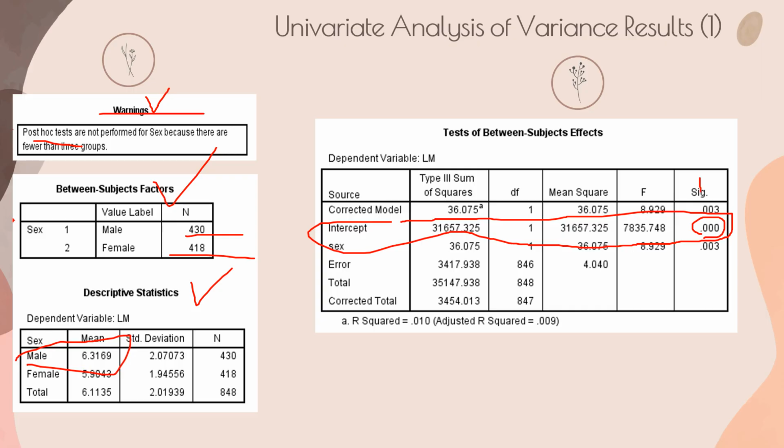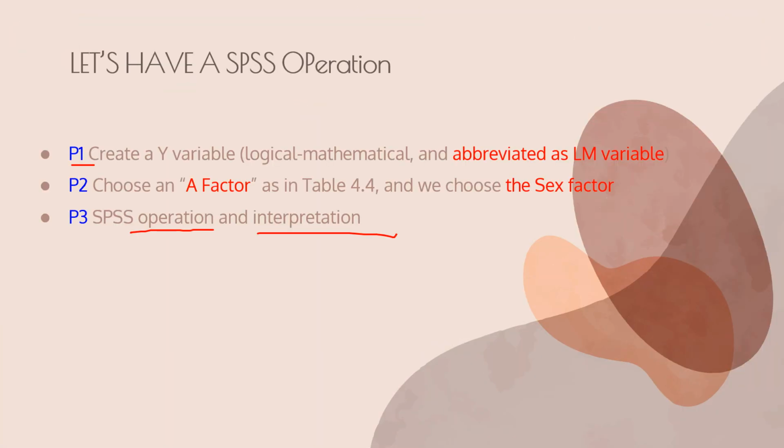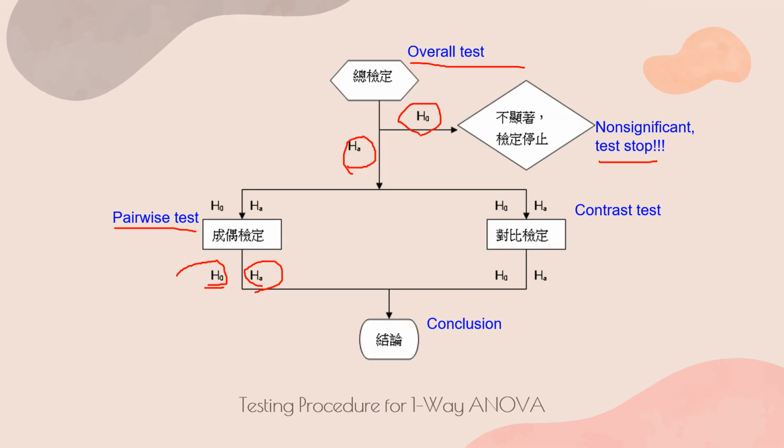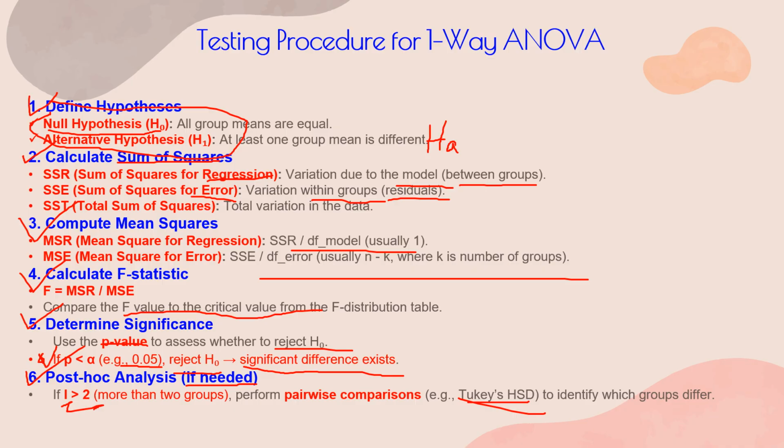This is the p-value right here. Why is it rejected? The answer is right here, okay? P less than alpha. P less than alpha is right here.